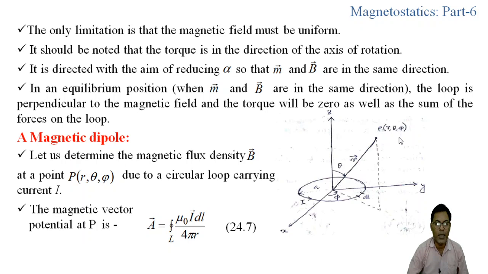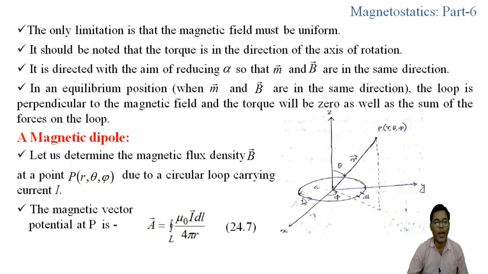That means the coordinate system we have considered is the spherical coordinate system. In this system, we have considered a current loop placed in the xy plane, or z equals 0 plane, and the current I is flowing through this loop.